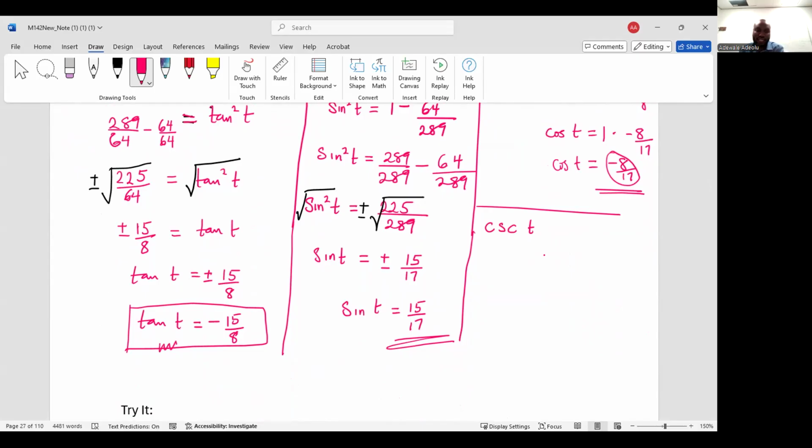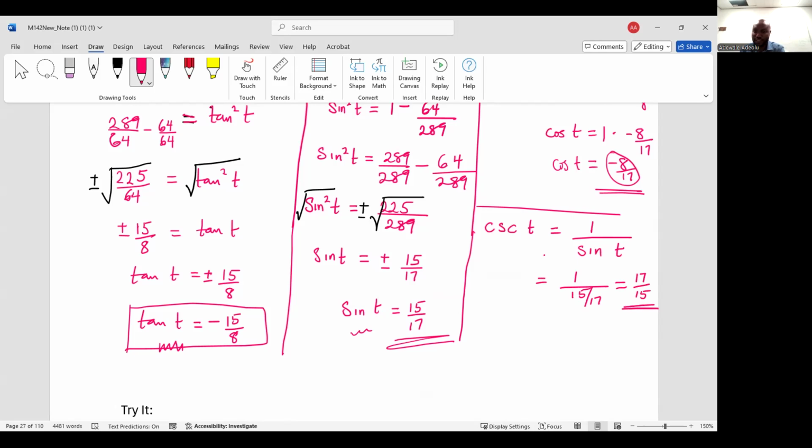I already have tangent, so I can find cotangent. I have sine, I can find cosecant, which is the reciprocal of sine of T. So 1 divided by 15 over 17. Our answer here is 17 over 15. Done.